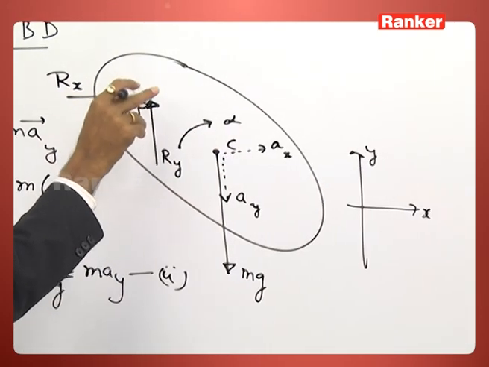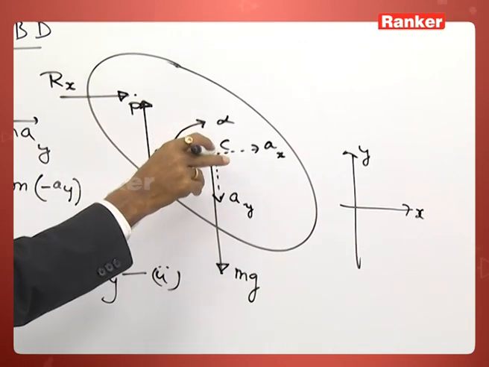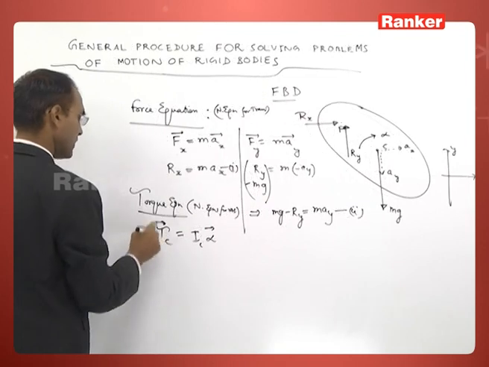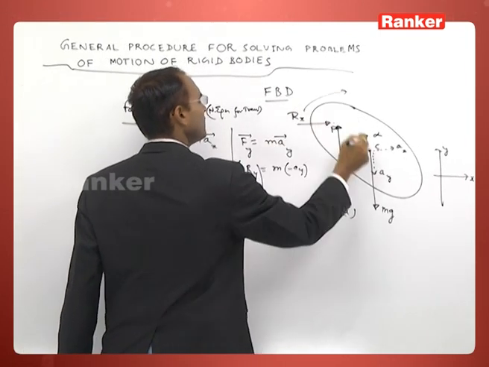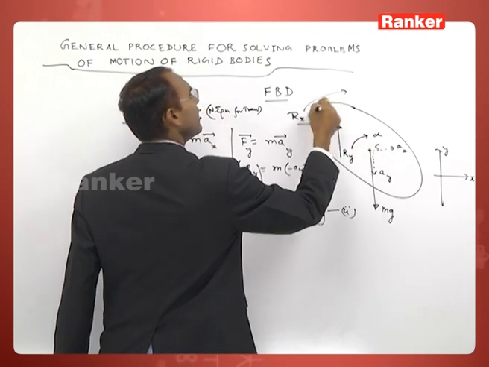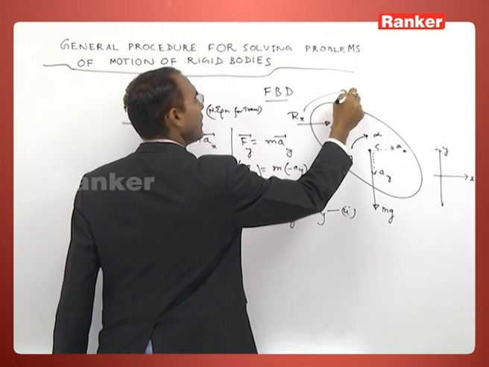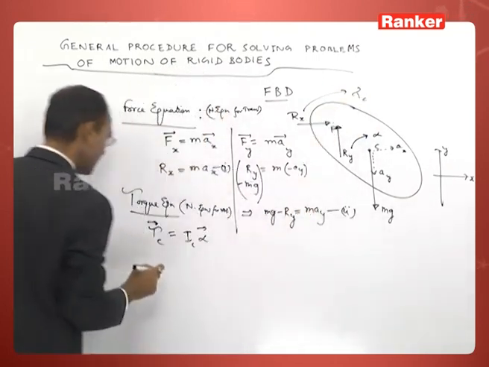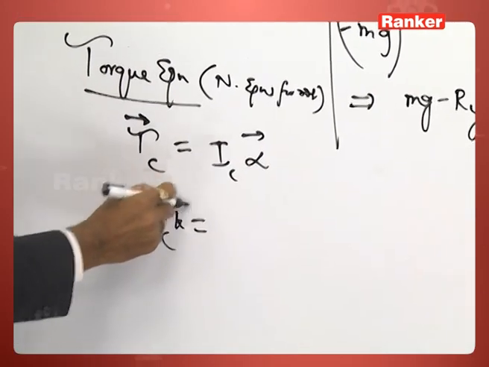Then these two forces will produce a torque about this axis. If the torque about the center of mass axis is assumed to be clockwise, you can write minus tau c k cap.